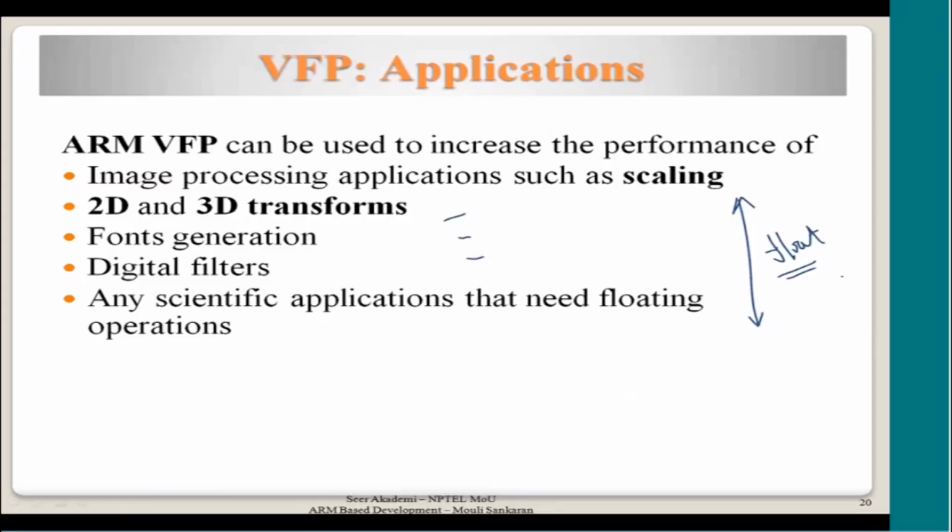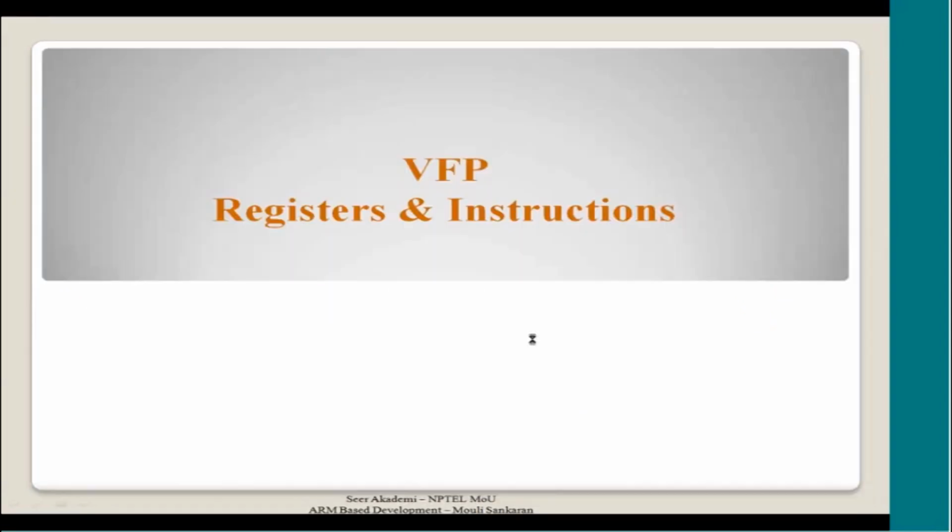So you have to have a floating point format so that the image quality and the quality of digital filters that perform a job on signal processing will also produce a good result when you operate on the floating point number system. So this is the better choice for performing these jobs. So any scientific application that needs floating point operation, VFP is the right choice.